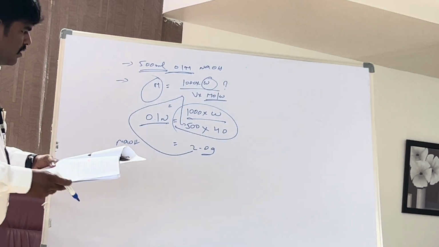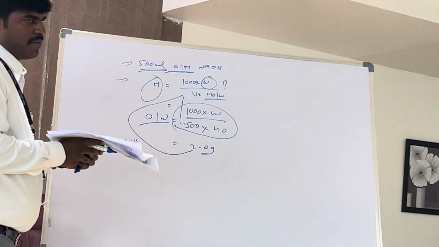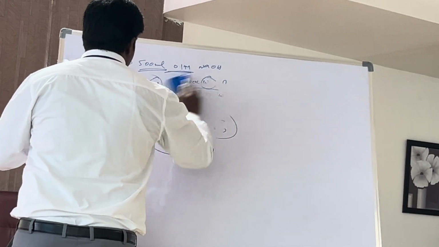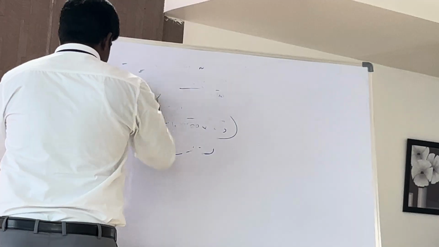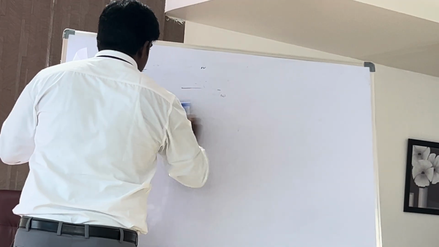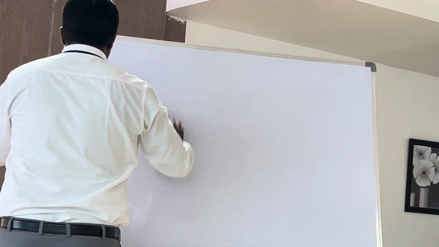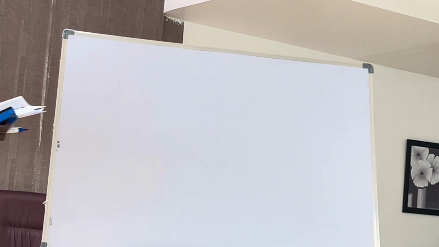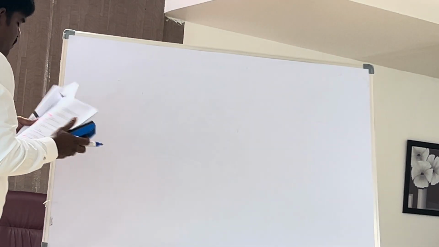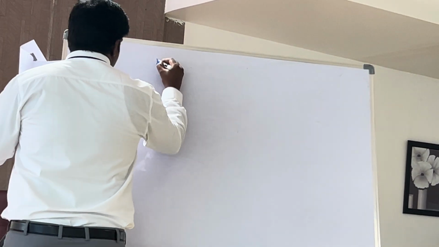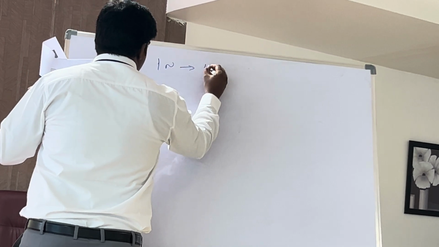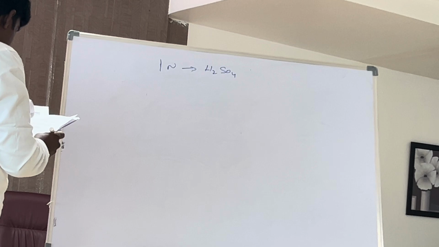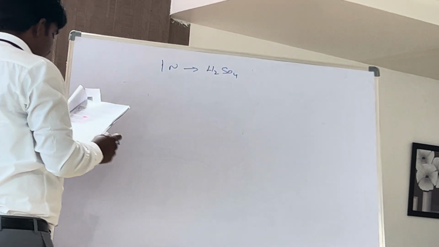There is a difference between molarity and normality. This is molarity. In the same way, if I need to prepare normality, for example 1000 ml of 1 normal H2SO4, there is a formula.